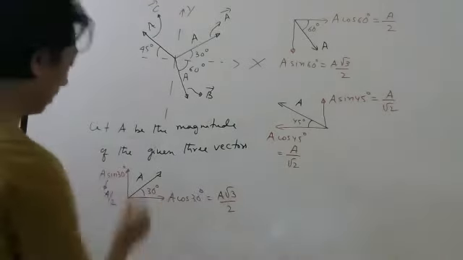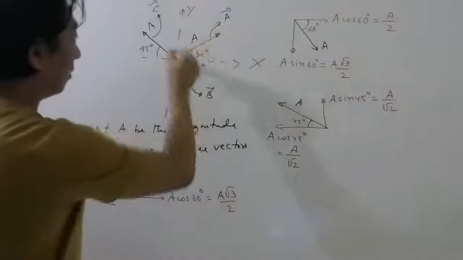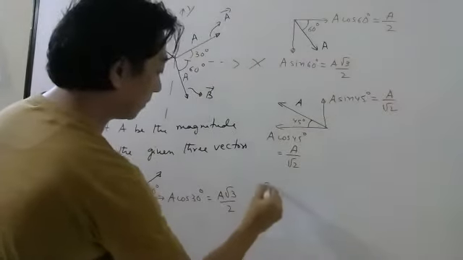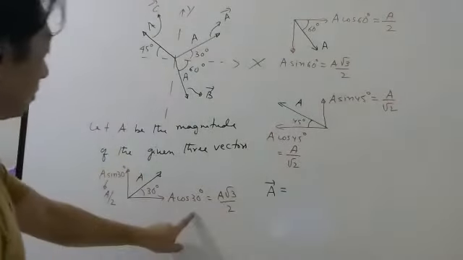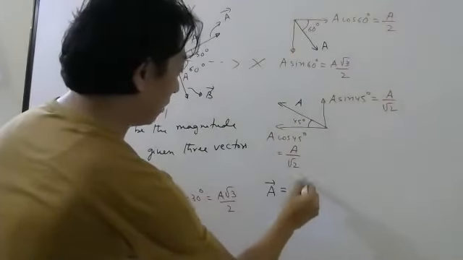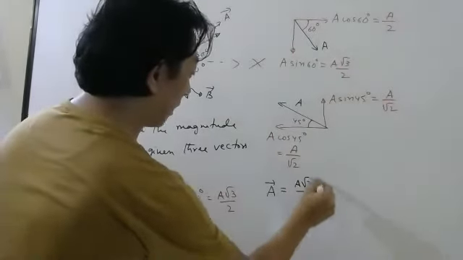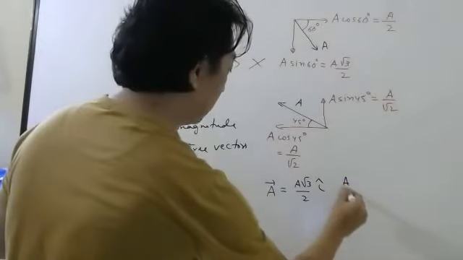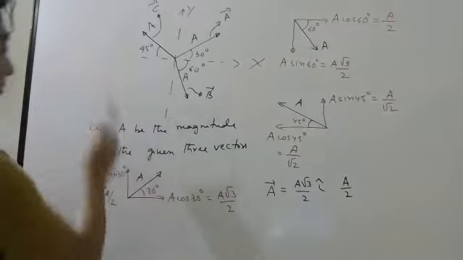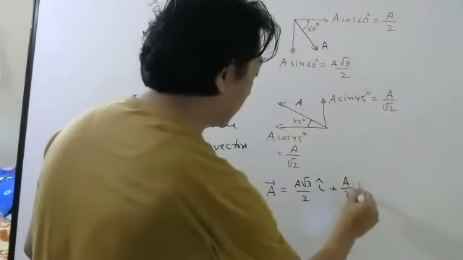So what will be your A bar? A bar in component form. In component form, how will you write this vector? The x component is A root 3 by 2 I cap. The y component is A by 2. It is along the positive y-axis, so it will be plus only j cap.